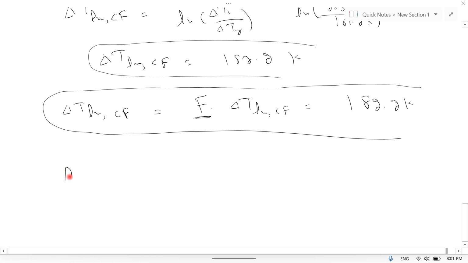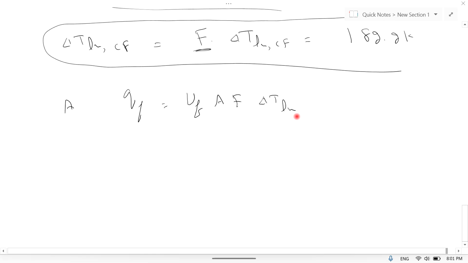So UF means U including losses in case of scaling or fouling. Next, the log mean temperature difference for counterflow. So here UF is equal to QF divided by A F del T log mean.